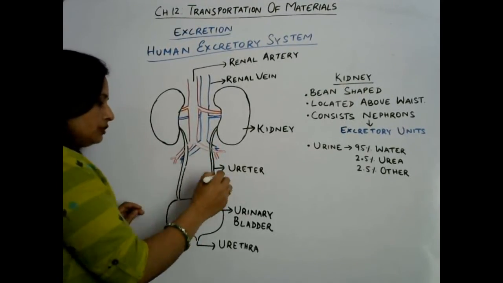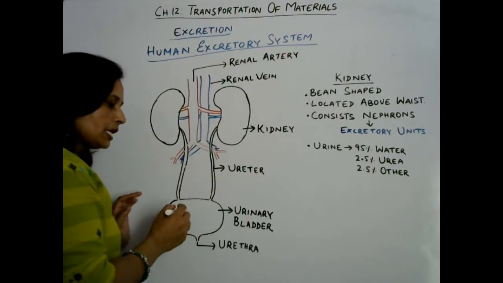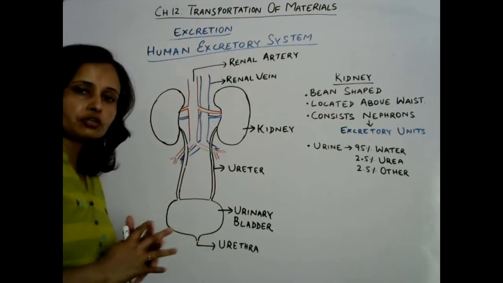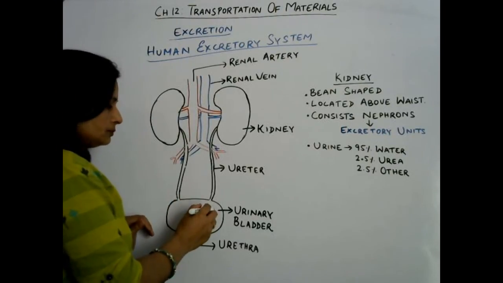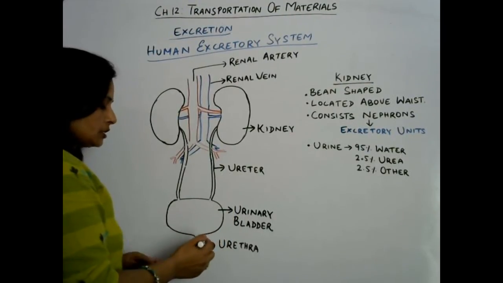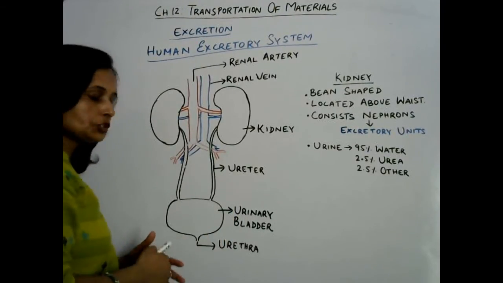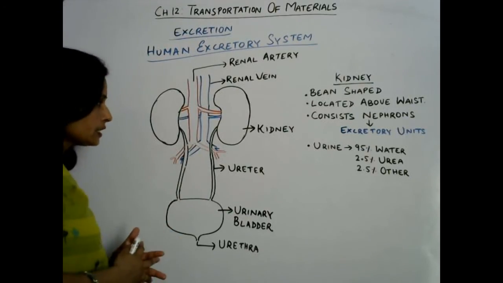That urine finally moves towards the urinary bladder for temporary storage. And when there is pressure on the urinary bladder, then urine is discharged, removed out from the body through the urethra. In this way our excretory system works.